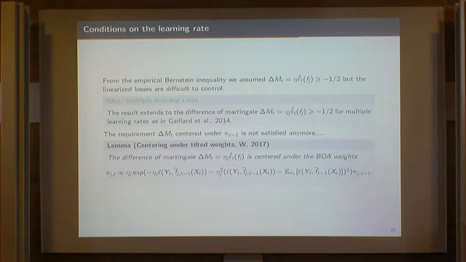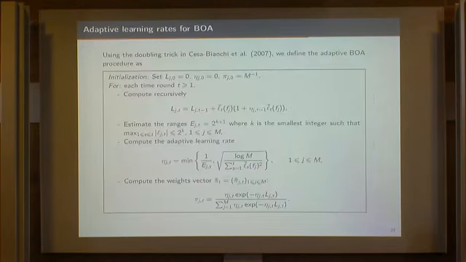So this eta j is really important. And this eta j, we learn it, the learning rates, thanks to the strategy that was used for a unique learning rate in Cesa-Bianchi, Mansour, and Stoltz.